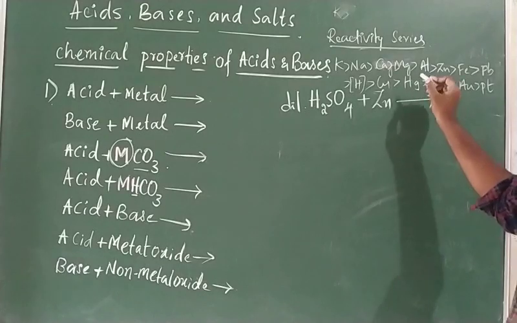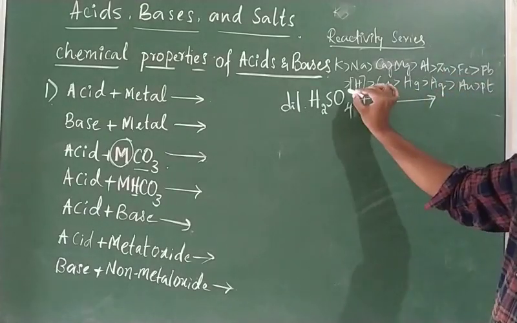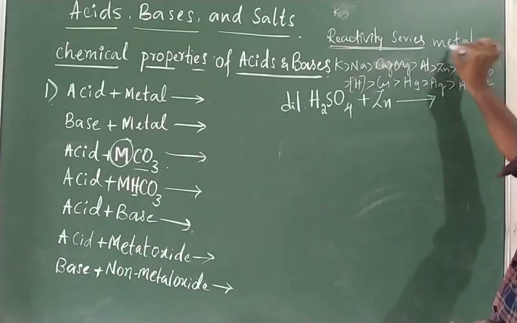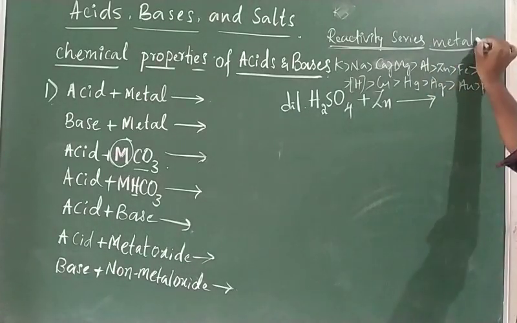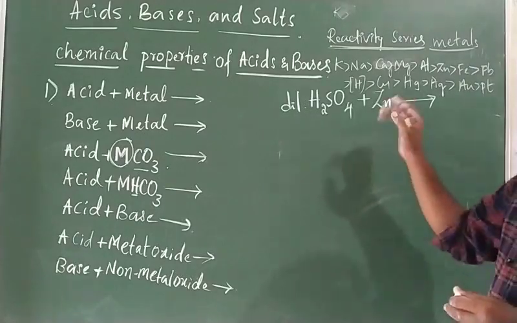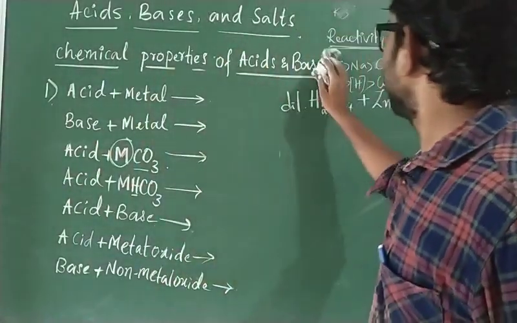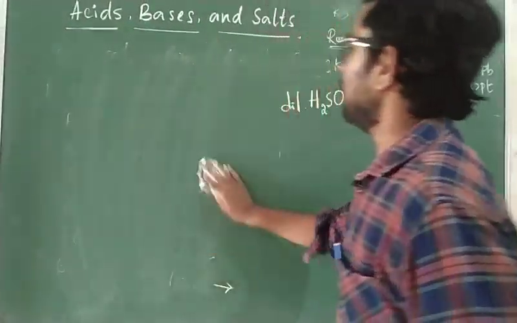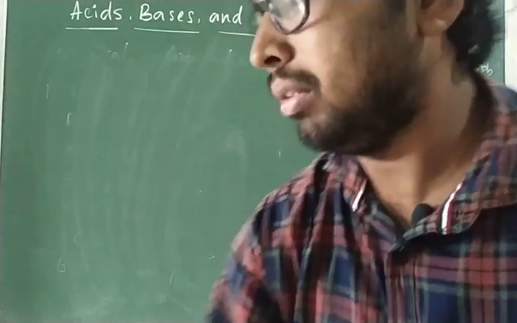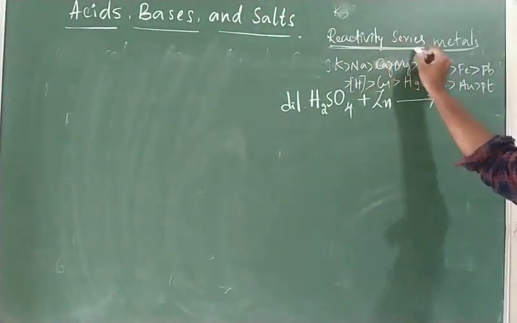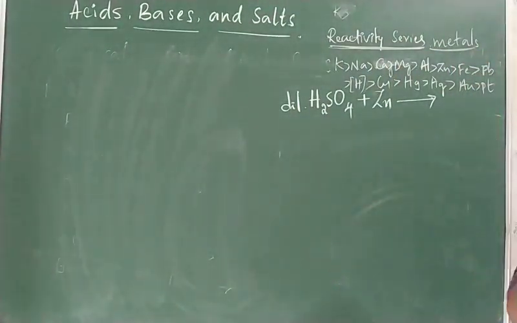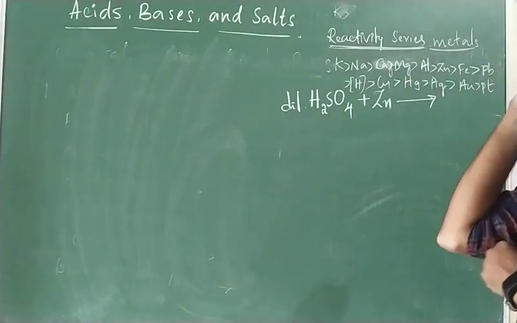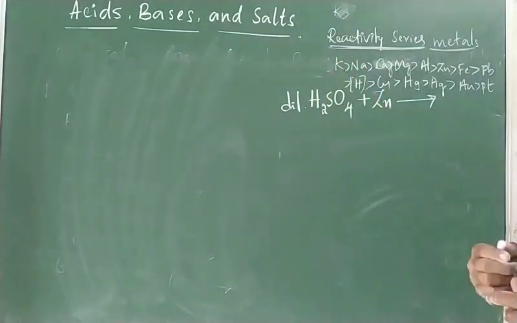Okay, so what happens here? You should remember, this is the reactivity series of metals. It is a little clumsy the way I wrote it, so let me clarify. We discussed this reactivity series of metals in the displacement reaction, in the first lesson of CBSE science.